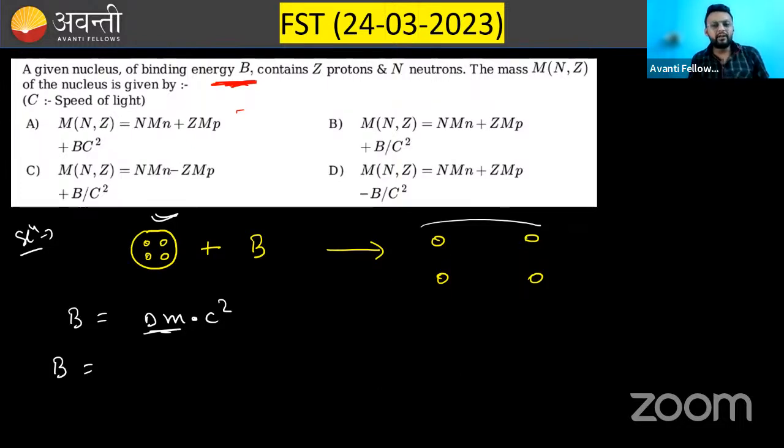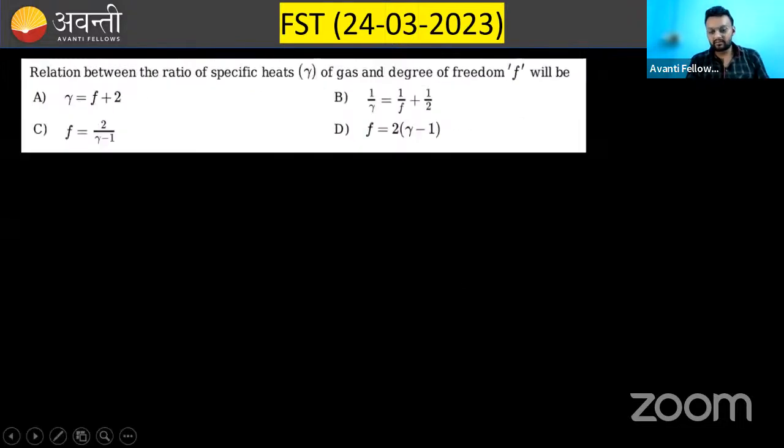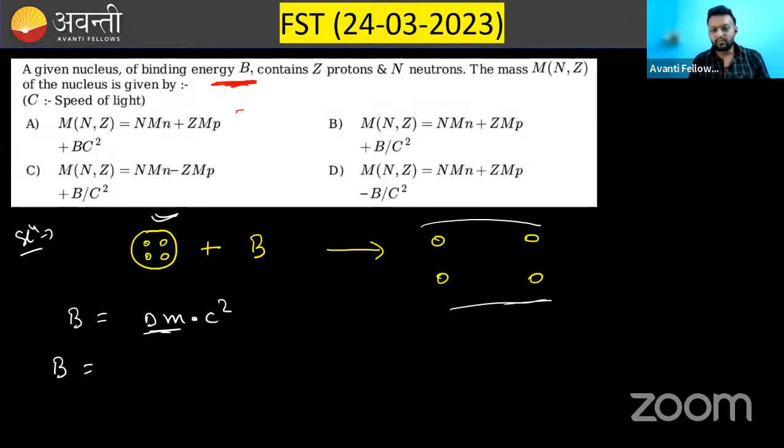Okay, someone has answered. Group of nucleons. Okay, this is more mass. This mass is more. So delta M we are writing.